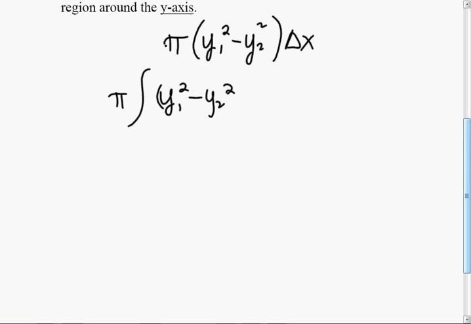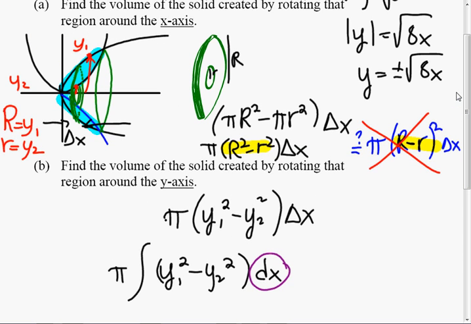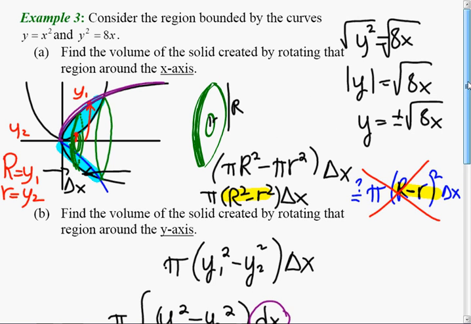And what's the variable we want? Guys, what's the variable we want? X. The differential always, guys, the differential always tells you what variable you want. So I need to have y in terms of x. Now you got to go back to your picture, which is the big radius. Which function? It's this one, right? That's the square root one, which was, I want x's in here.